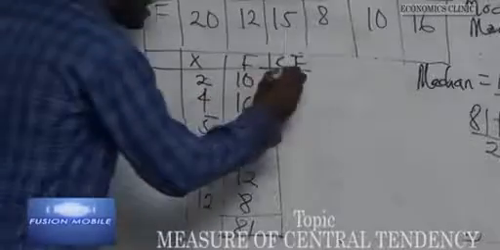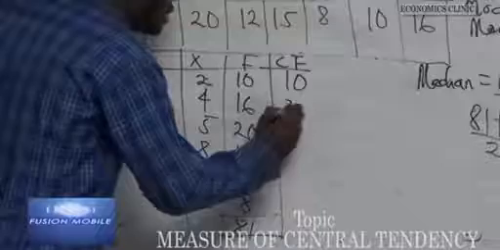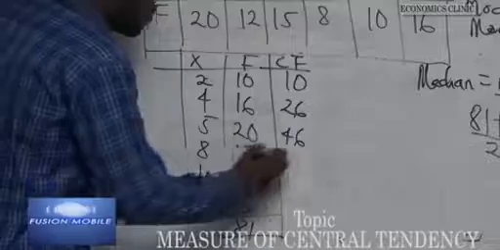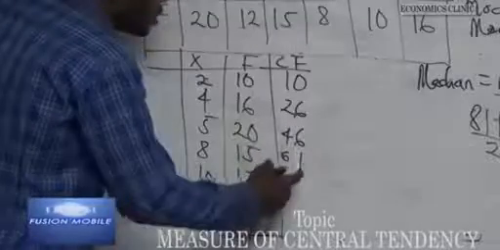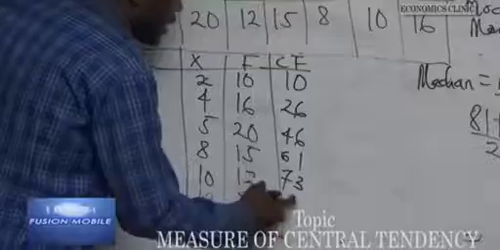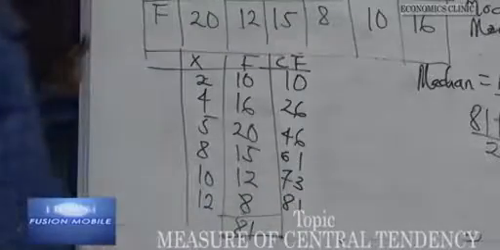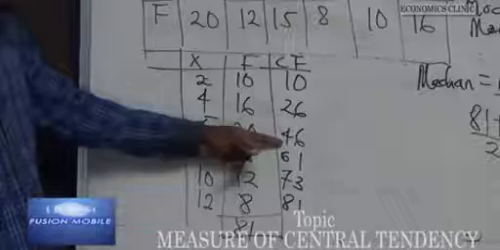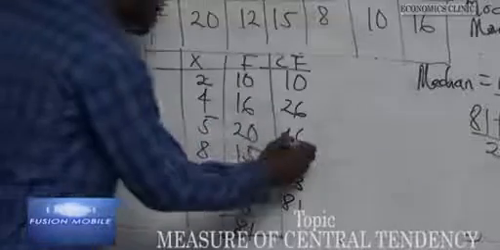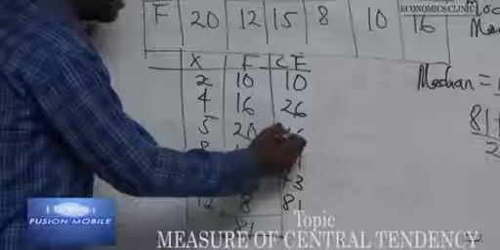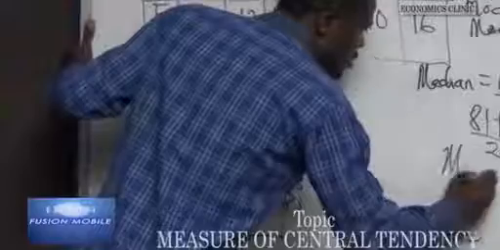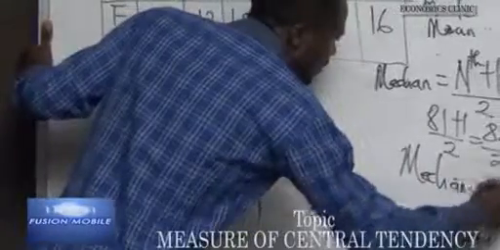So we have 10, 10 plus 16 is 26, 26 plus 20 is 46, 46 plus 15 we have 61, 61 plus 12 we have 73, and 73 plus 8 we have 81. From here, the 41st position falls within the 46 position. So here is where our 41 lies. So we trace it to where the X is. Therefore our median here is 5.